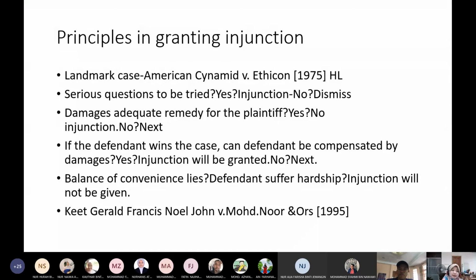So you have an idea of how you do your injunction later. In your course papers, for the plaintiff, make sure you prove number 1, you have serious questions to be tried.